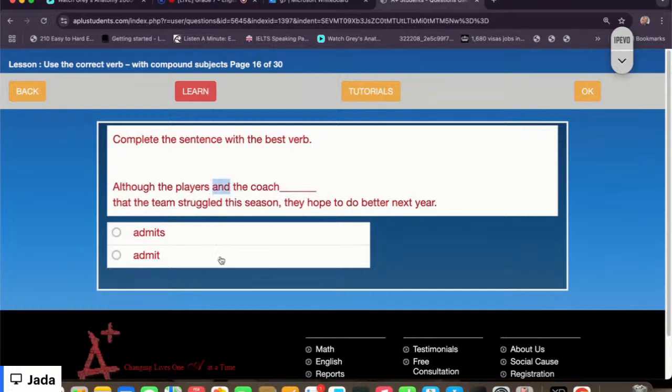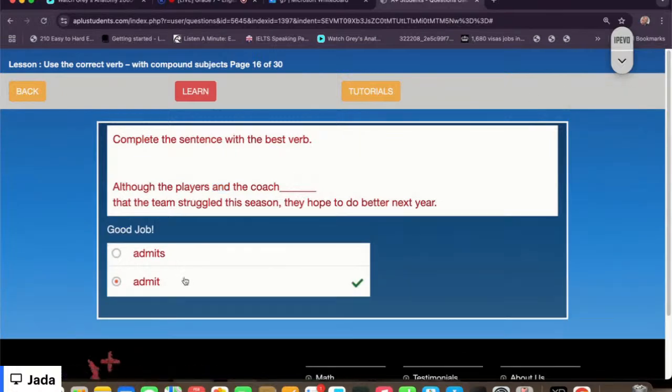So and makes it a plural subject. So we have a plural verb, admits.